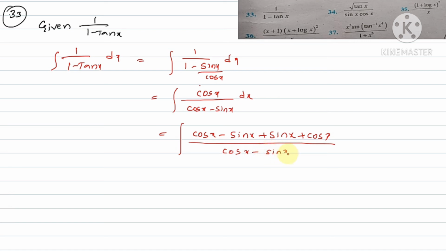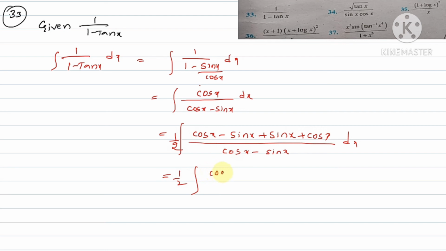See, we have cos x in the numerator, we have only cos x, so sin x will be cancelled and cos x plus cos x is 2 cos x, but we require only cos x, so I am doing 1 by 2, then this will be correct.